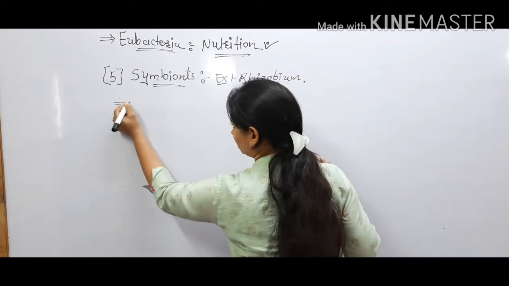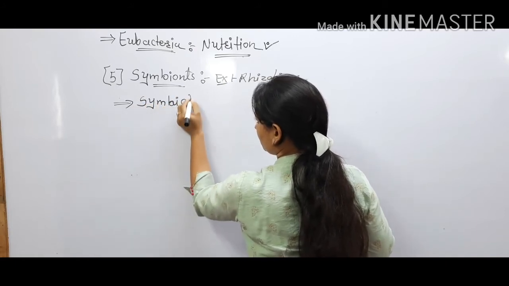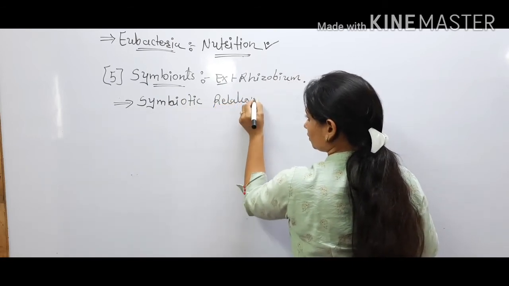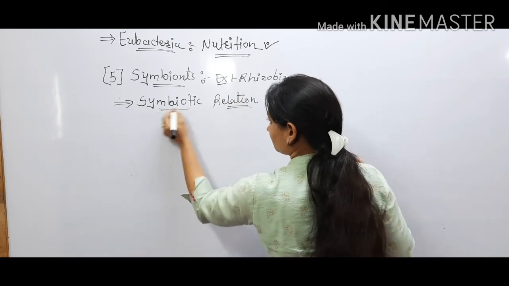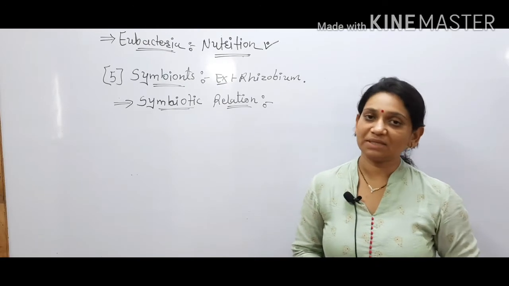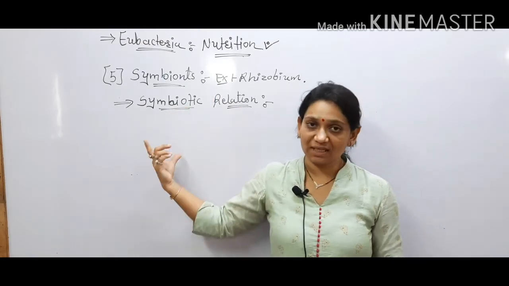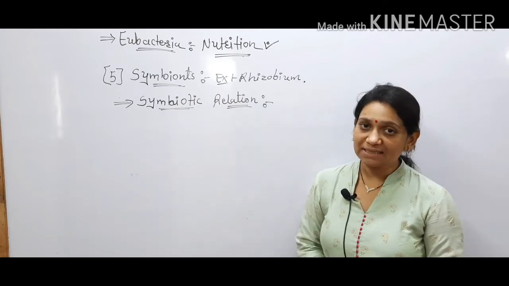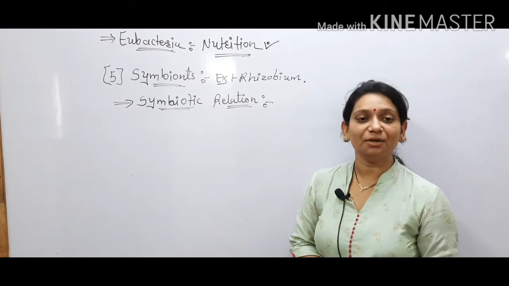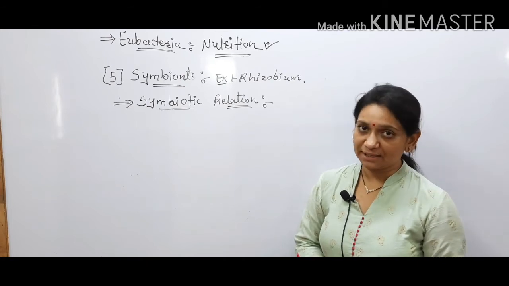So first, let's see what is the meaning of symbiotic relation. The very simple meaning is a relationship in which two different organisms live with one another and they both are benefited by each other. That is known as the symbiotic relationship.